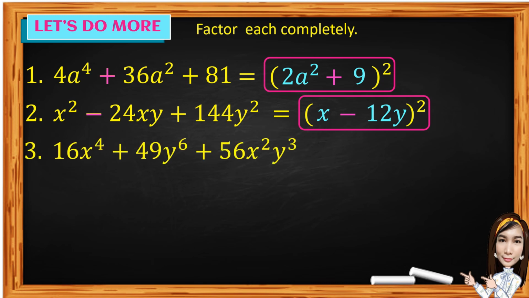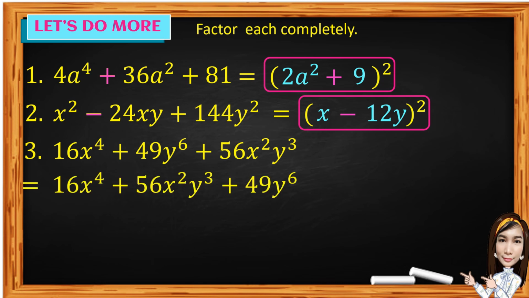Next, number 3, we have 16x to the 4th plus 49y to the 6th plus 56x squared y cubed. Now, the first term is a perfect square, the second term is a perfect square, and the last term is not. Here, we rearrange so that we have 16x to the 4th plus 56x squared y cubed plus 49y to the 6th. So the factor is written as the square of a binomial.